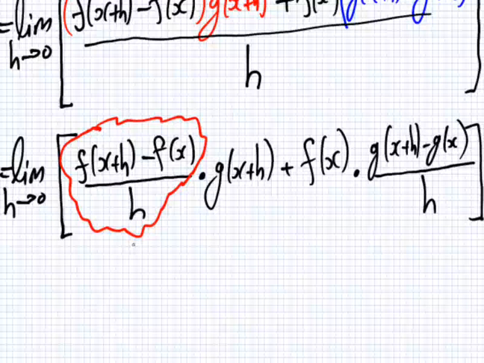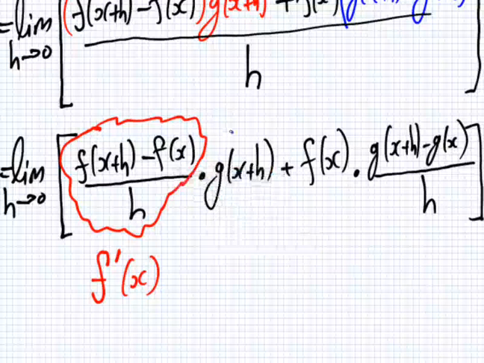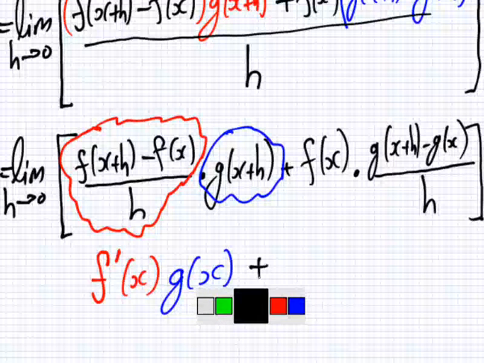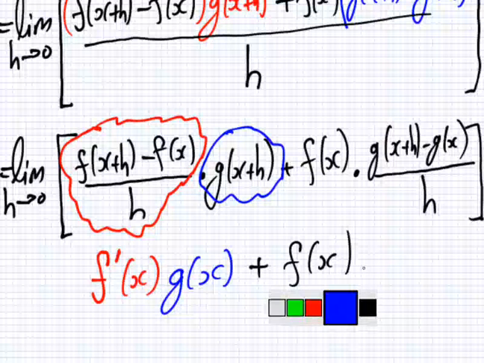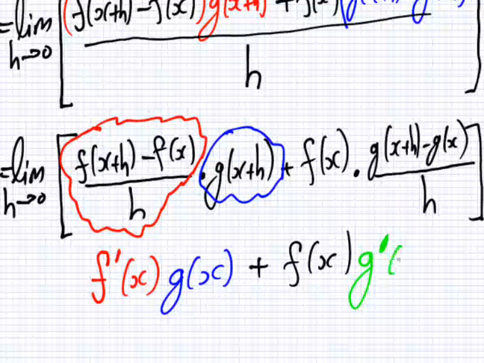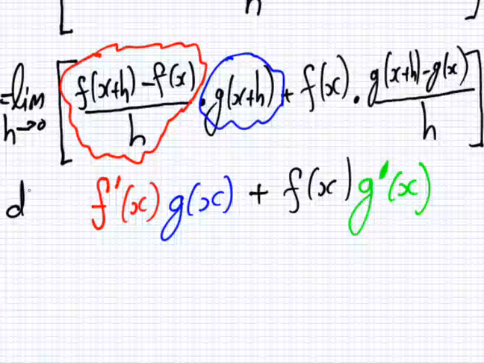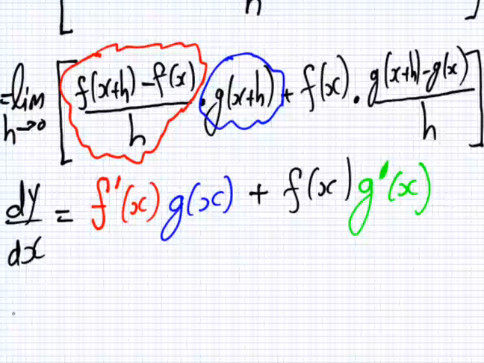Let me just put big brackets here. f(x+h) minus f(x), g(x+h), what did I take out? g(x+h), plus, what am I taking out here? f(x), wasn't it? f(x), and then here I have g(x+h) minus g(x), and close. And all this is over h.